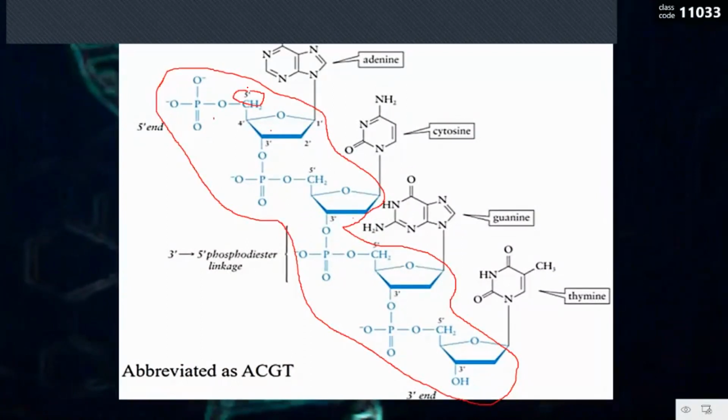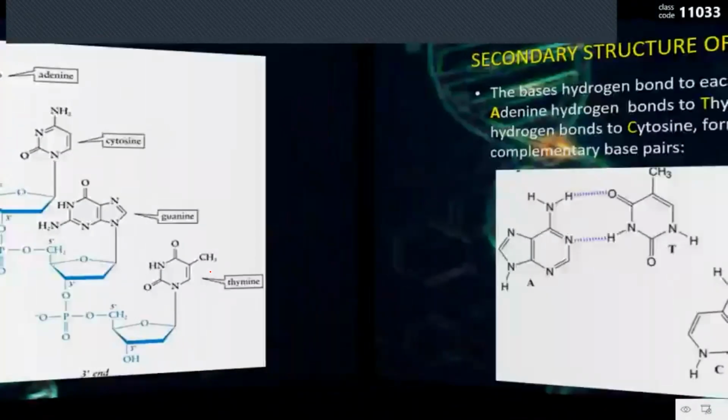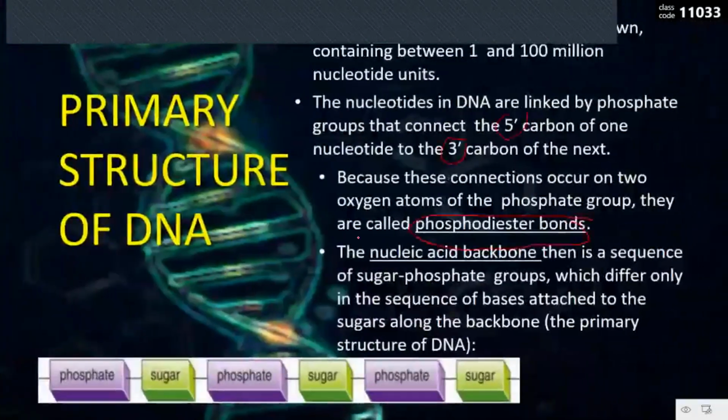Naka-connect si phosphate sa number 5 and sa number 3 carbon of your pentose sugar. So, we also call these linkages or bonds phosphodiester. Huwag nyo mapagbaligtad, 3,5 phosphodiester linkage. Okay? Because it is connected with number 3 and number 5. So we call that a 3,5 phosphodiester linkage. Okay?